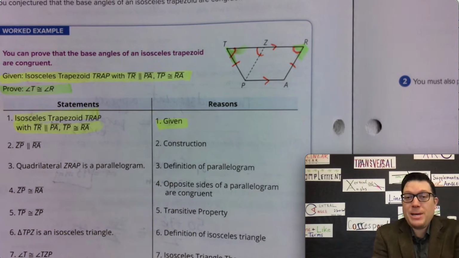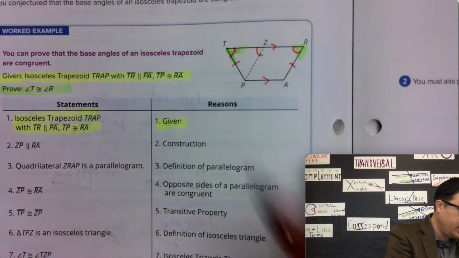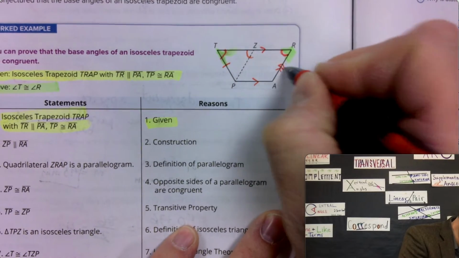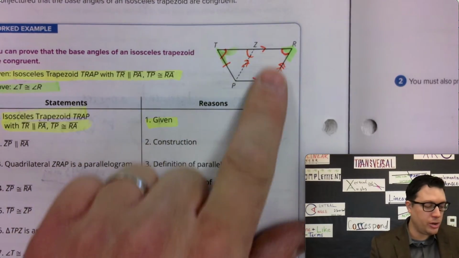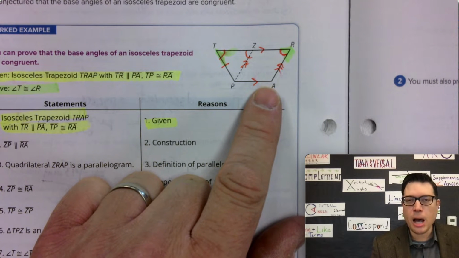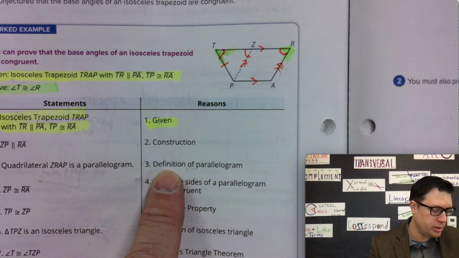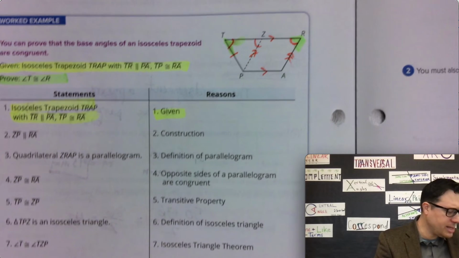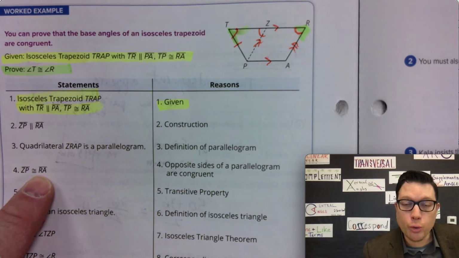It's a parallelogram because when we created ZP parallel to RA, this creates parallel markers. And so in this little shape, you have a parallelogram because the opposite sides are parallel. So, definition of parallelogram: two pairs of parallel sides. Statement 4, ZP is congruent to RA.